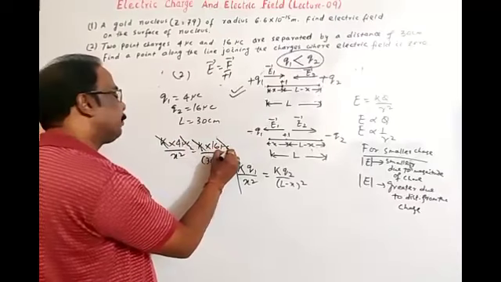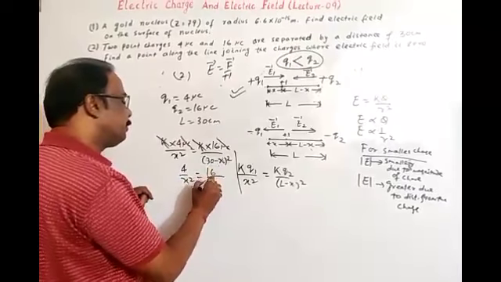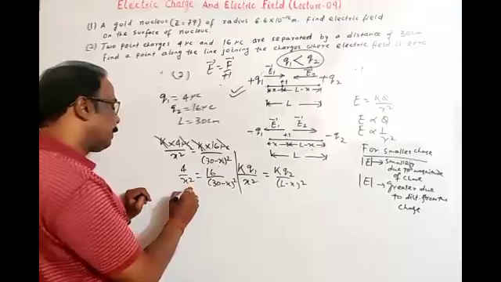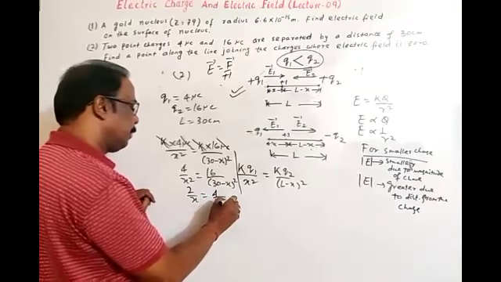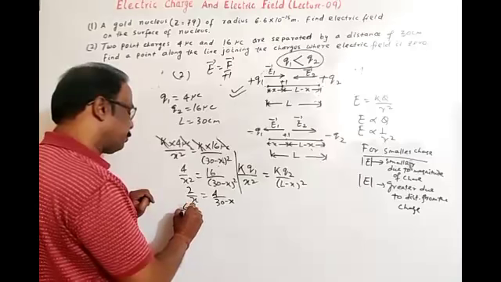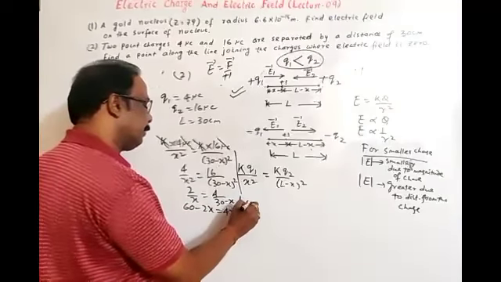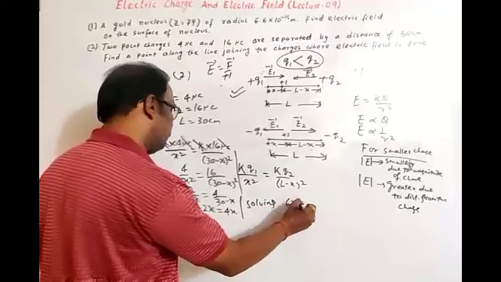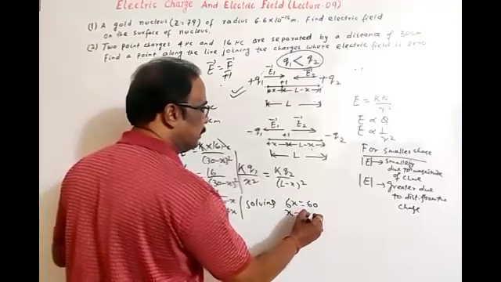k gets cancelled, microcoulomb gets cancelled, 4 by x square is equal to 16 divided by (30 minus x) whole square. Taking square root on both sides, 2 by x is equal to 4 divided by (30 minus x). Now cross multiplying, 60 minus 2x is equal to 4x, and solving we get 6x is equal to 60 centimeter and x is equal to 10 centimeter.